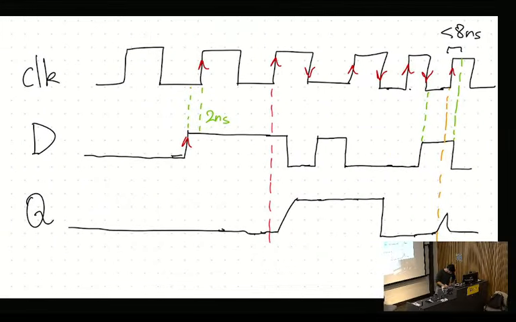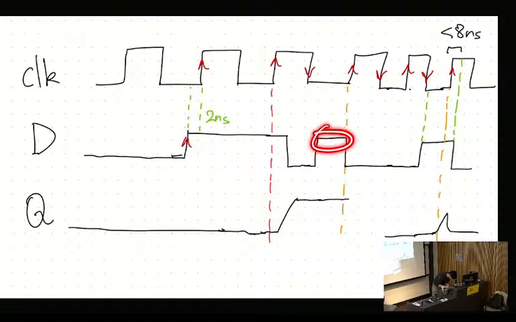But no, it should not have changed. You're right, it should have changed around this clock edge here. And it would have just picked up whatever this signal was, because that amount of time is not long enough for it to change signal. So it would have just picked up whatever that signal was there.